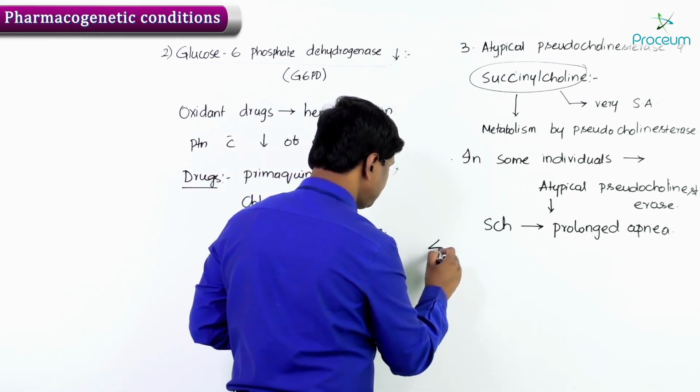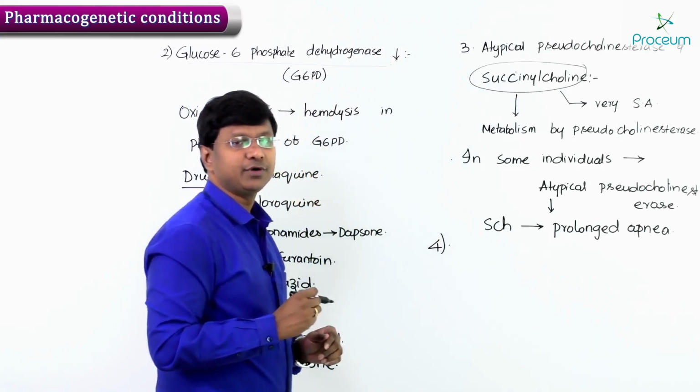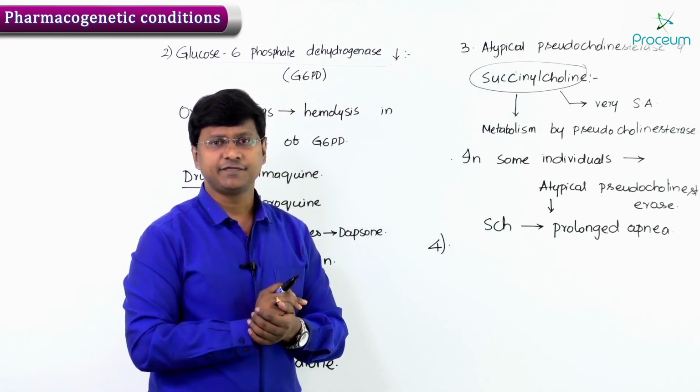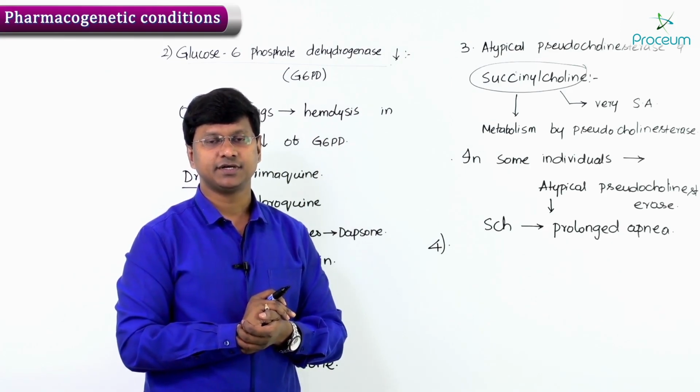Next, another important genetic polymorphism: take phenytoin. Phenytoin is an anti-epileptic drug.